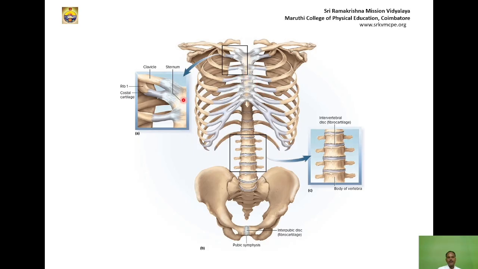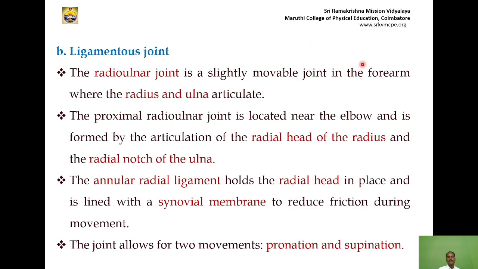This is the sternum, and the sternum is connected with cartilaginous tissue. Then the ribs are connected here also. Here in between the vertebral discs there is cartilaginous tissue. It allows us to move or rotate. Here also, at the interpubic disc, there is cartilaginous tissue, so a small movement will take place. This is called a cartilaginous joint.